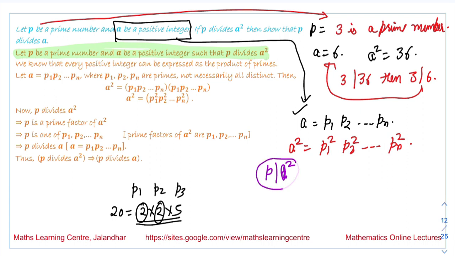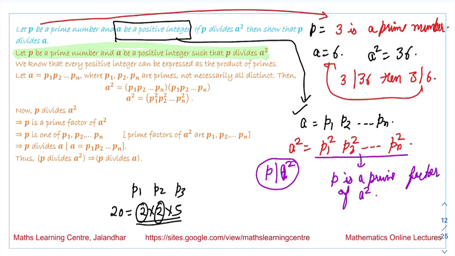What does it mean? These are the prime factors we have. It means p is one of p1, p2, and so on up to pn.